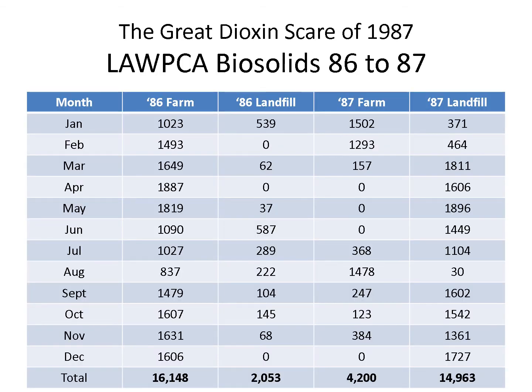I put this slide in to illustrate what can happen to a beneficial reuse program. I call it the Great Dioxin Scare of 1987. If you see on the table here that LOPCA, Lewiston and Auburn Water Pollution Control Authority, went from essentially taking all of our biosolids to farmland in '86, and then concerns about dioxins hit, and that got reversed to where just about everything went to landfill.